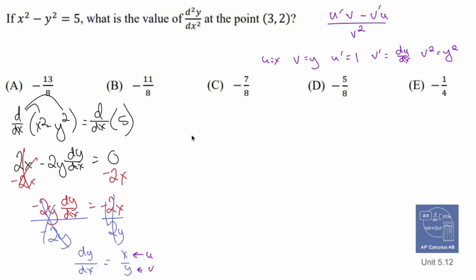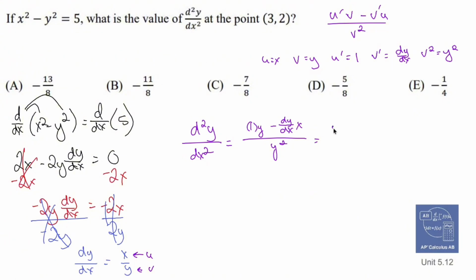Okay, so the second derivative is going to equal u prime v, so 1 times y, minus v prime u, so dy/dx times x, over y squared.